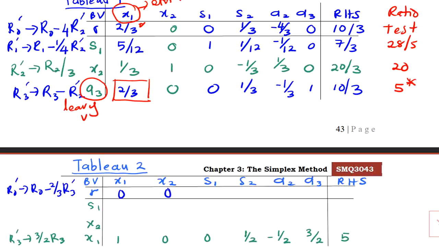0, 0, 0, 0, -1, -1, 0. And then row 1 new, row 1, row 3 new. So here 5/12, therefore here -5/12.